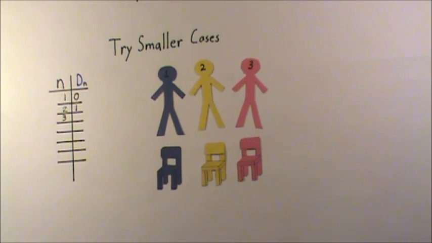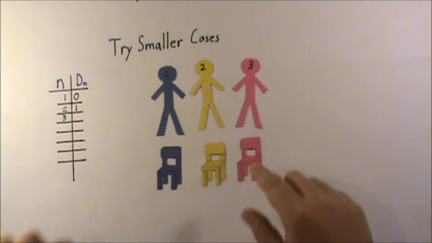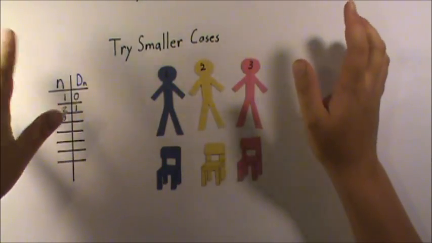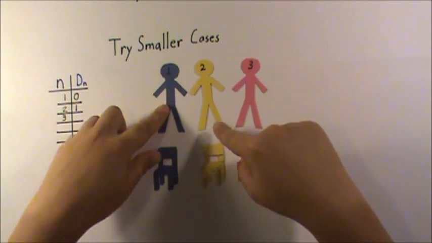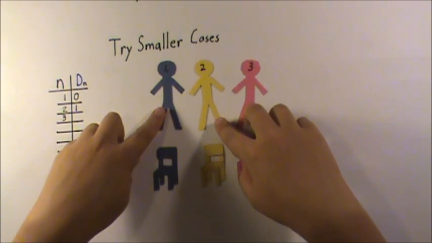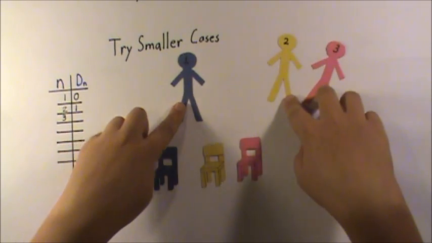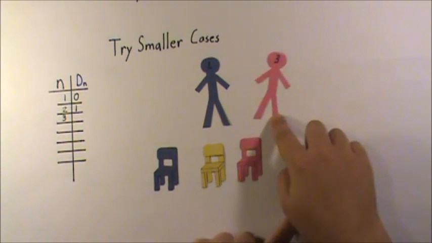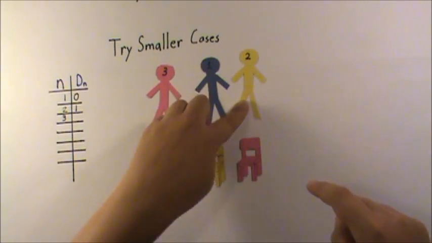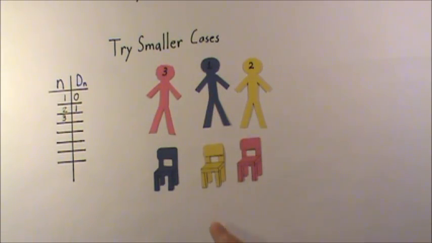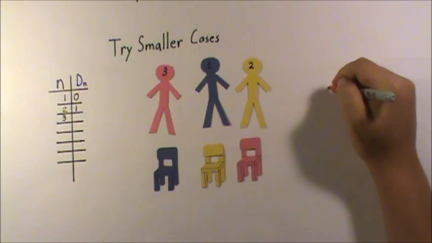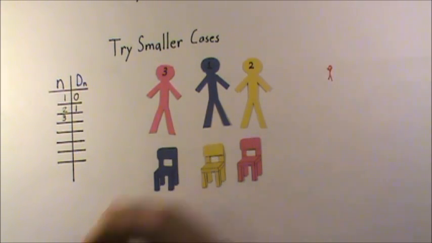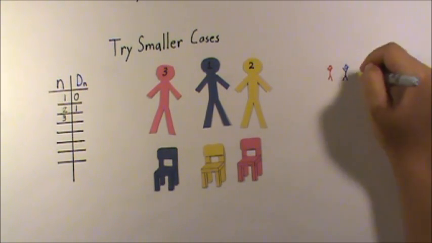How many ways can this happen? If we're trying to derange 3 objects, we'll see first where we could put the blue guy. The blue guy could go here, and then, since he can't go here, he'll have to go here, she'll have to go there. That's one way to do it. Then jot it down just so that we don't lose track of what we've done.